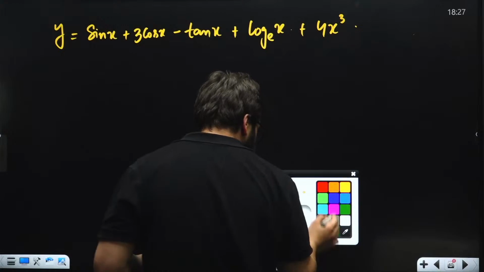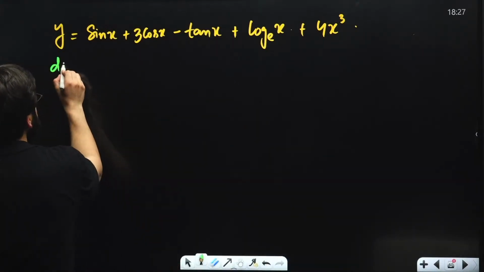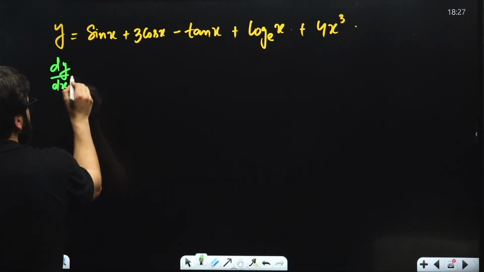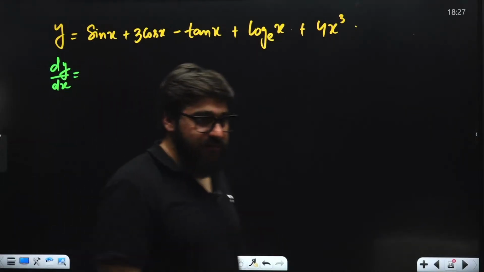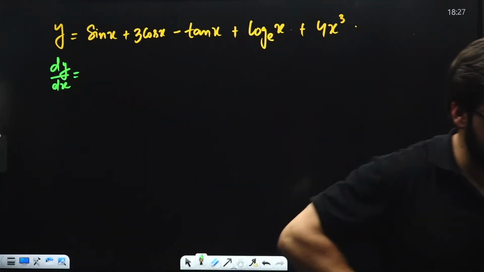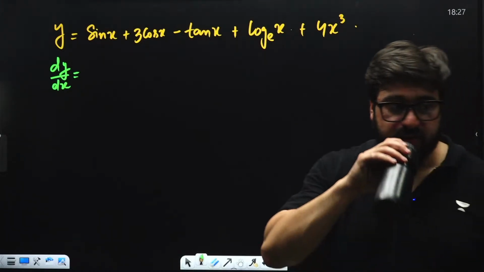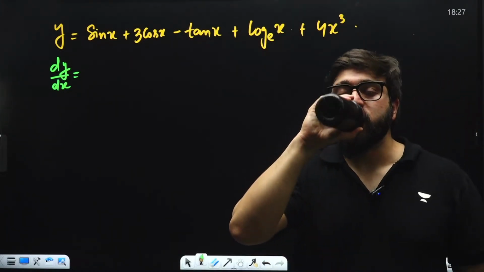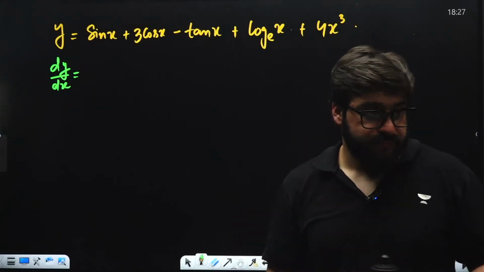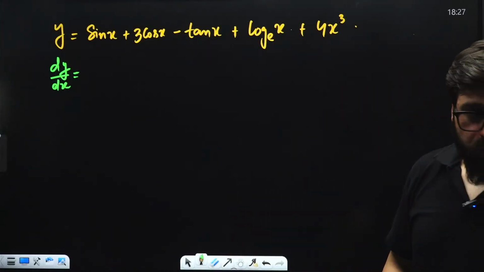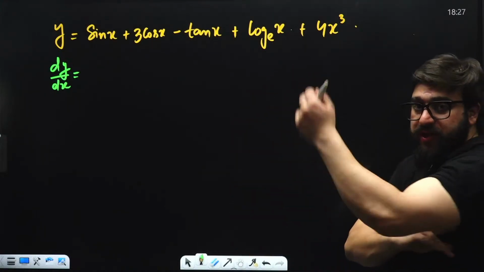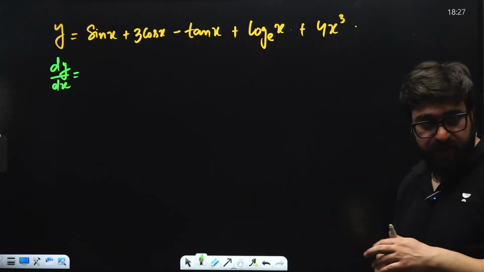You are supposed to find dy by dx in this particular case. Guys, tell me what is the value of the differentiation in this case. Solve it from your end. I'm waiting for the answer.